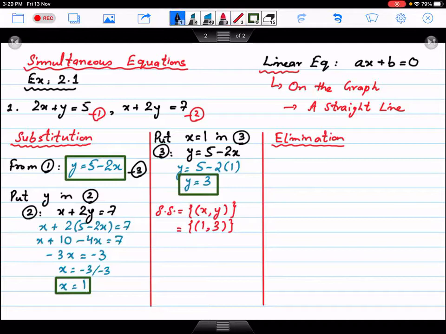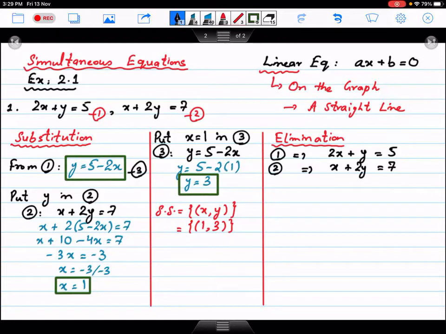When I take a look at equation number 1, 2x plus y is equal to 5, and at equation 2, x plus 2y is equal to 7, I have two options. Either I can eliminate x, or I can eliminate y.